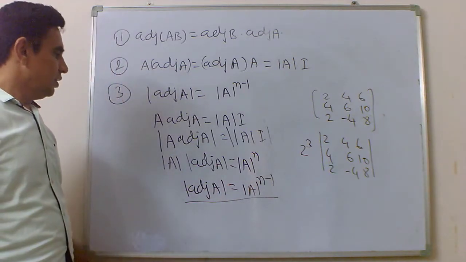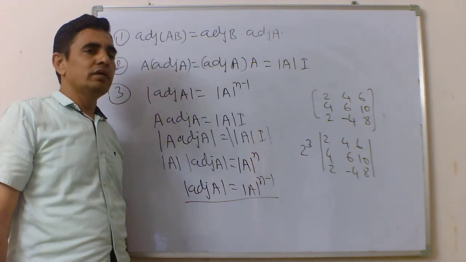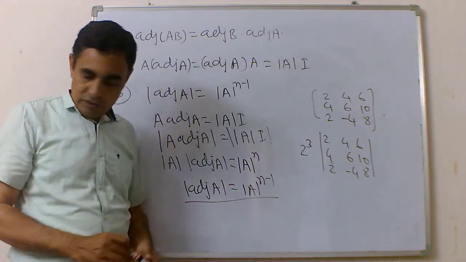Determinant of adjoint of a is equal to determinant of a⁻n-1.